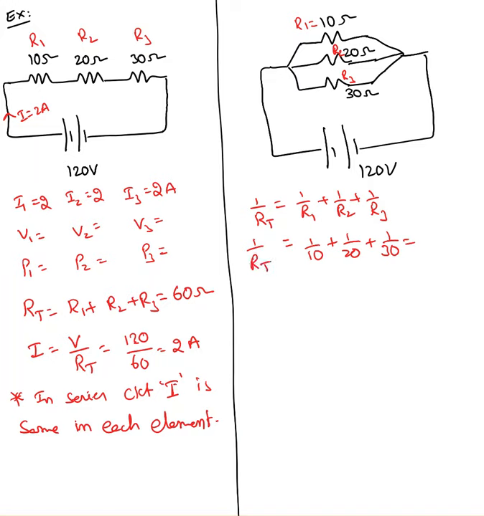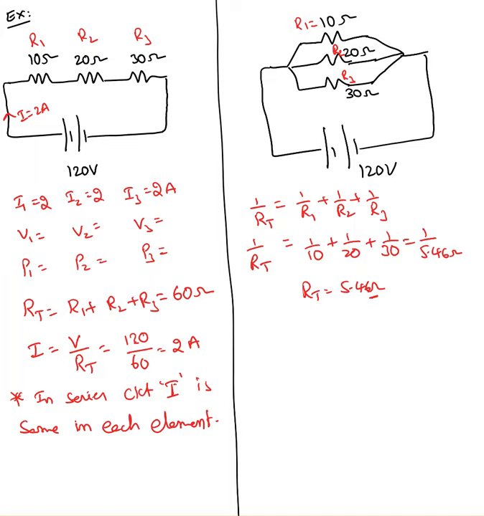If you combine these, you will end up with 1 over 5.46 ohm, or you can say 5.5 ohm approximately. Let me keep this as 5.46, so R total equals 5.46.